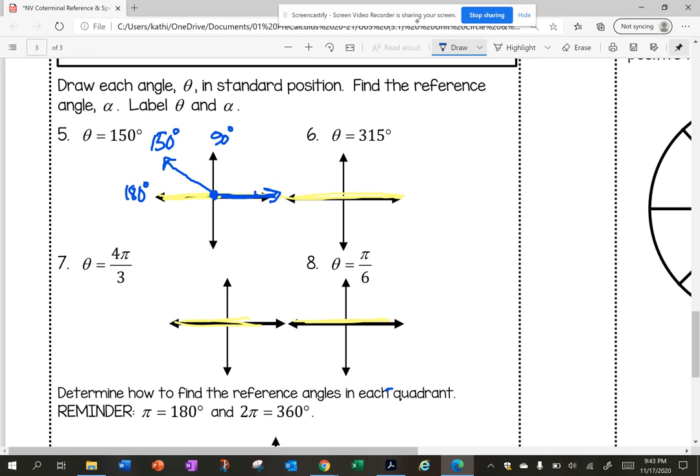The angle itself is theta, and then the angle to the x-axis that is acute, smaller than going this way, is alpha. I know if I add these two angles together, they total 180. So alpha is 180 minus 150, so alpha is 30 degrees.